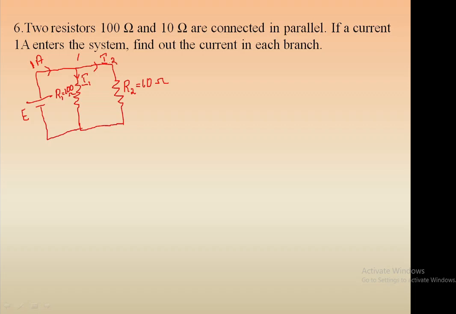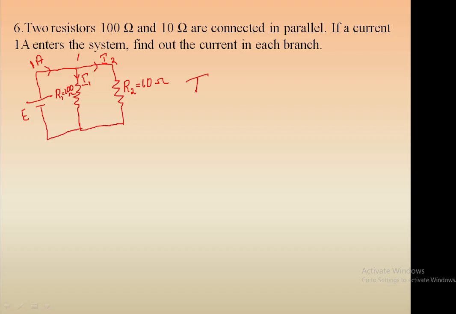So we can use the familiar formula. The current through one branch is equal to the main current into the resistance in the other branch divided by the sum of the two resistances.